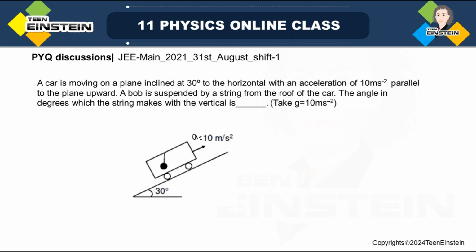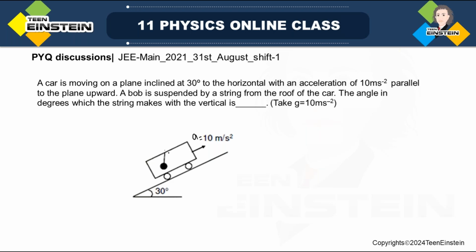A bob is suspended by a string from the roof of the car. The angle in degrees which the string makes with the vertical is dash. You have to find that out.